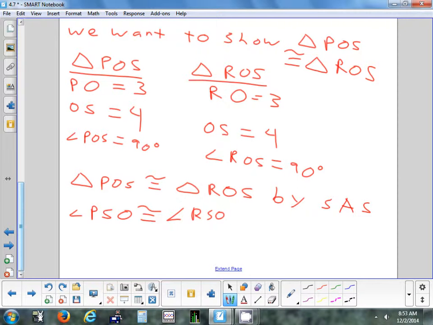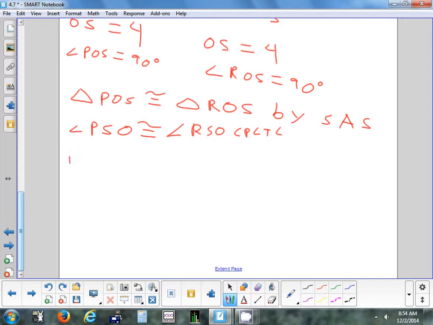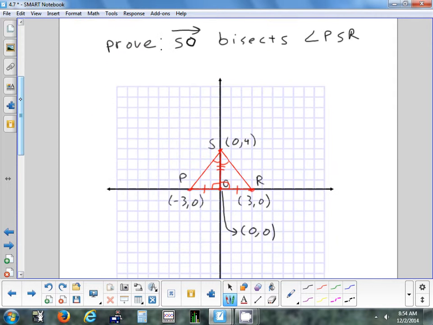And what's the reason that those two angles are congruent? CPCTC. Yep. Corresponding parts of congruent triangles are congruent. So now if those angles are equal, we can say by definition, SO is an angle bisector, because it cut an angle into two equal parts.